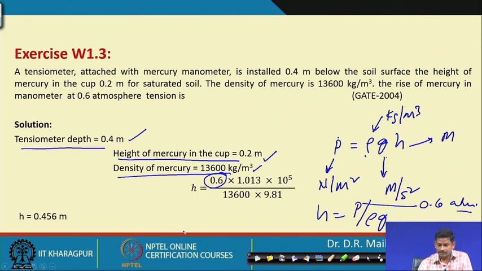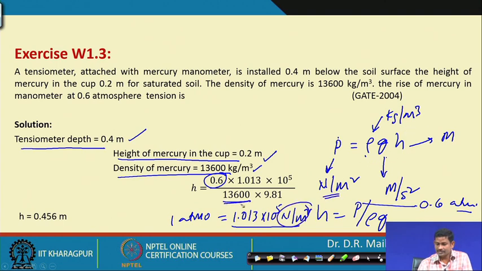So, you have to convert this unit. Okay. So, 1 atmosphere is equal to 1.013 into 10 power 5 Newton per meter square, or pascals. You can convert this to Newton per meter square, that is the unit.